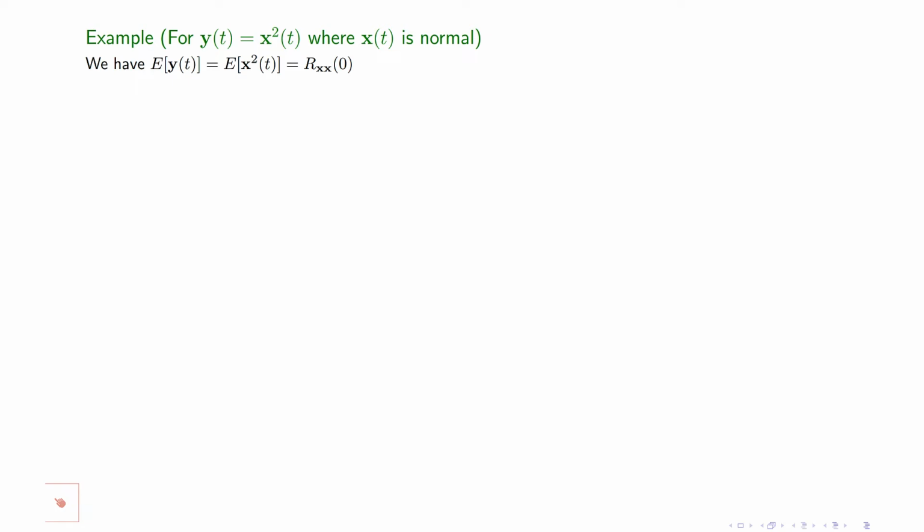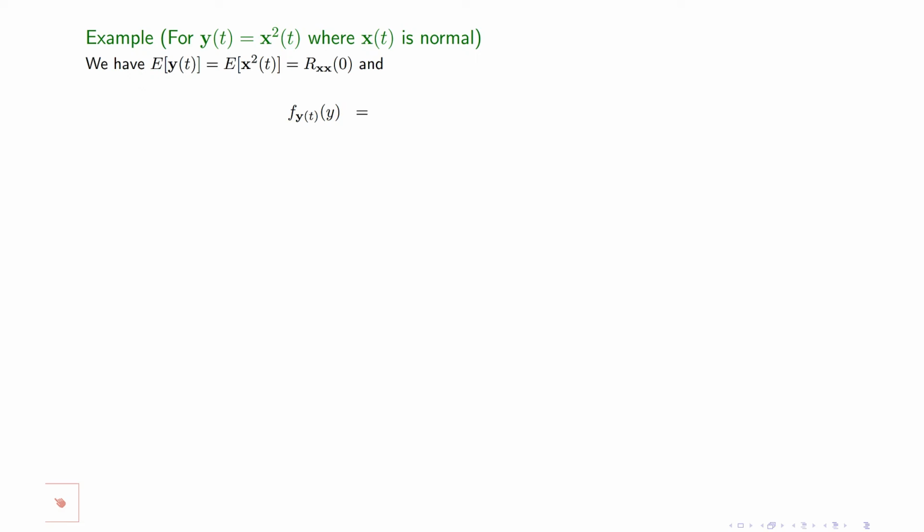Now, in this example, suppose that you have a square law detector. This function is called a square law detector, and it is widely used in radio communication, analog or digital radio communication. This is an analog circuit. In this example, if we calculate the mean of y of t, you get this one, and obviously this is equal to Rx of 0.